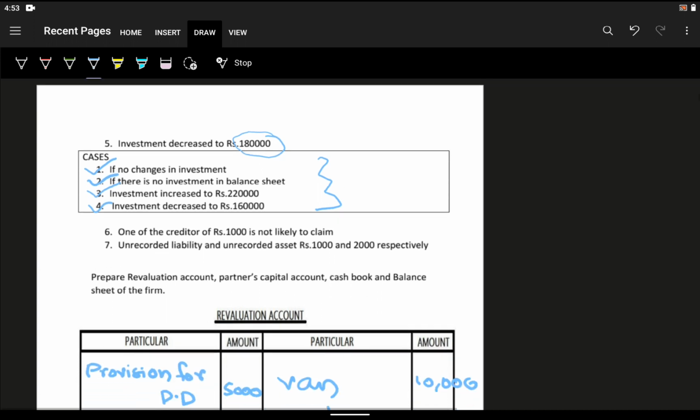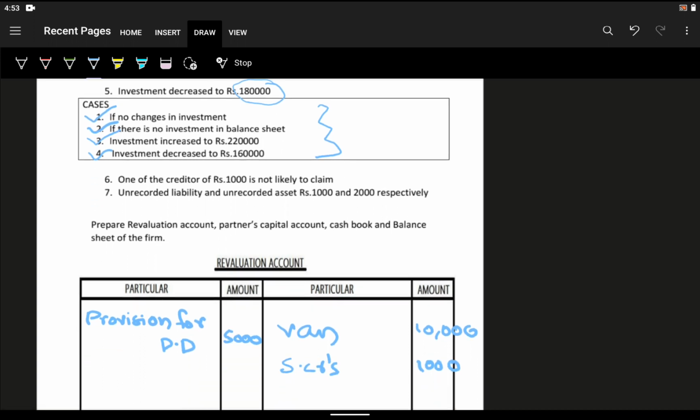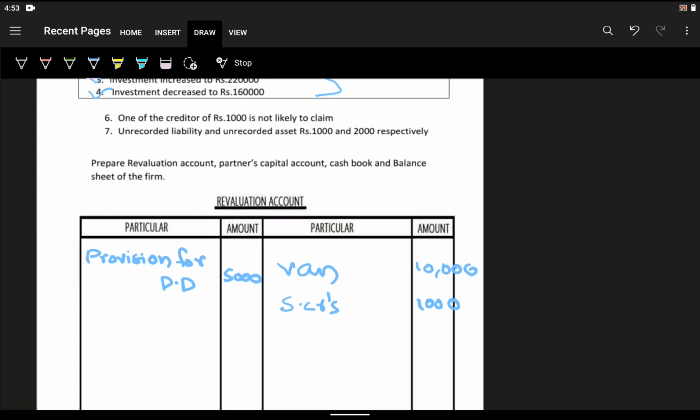So we will write in revaluation account profit side 1,000 rupees. And unrecorded liability means we want to record again, so liability is increasing to our business. So we will write in low side of revaluation account. So here unrecorded asset is 1,000 and unrecorded liability is 2,000.